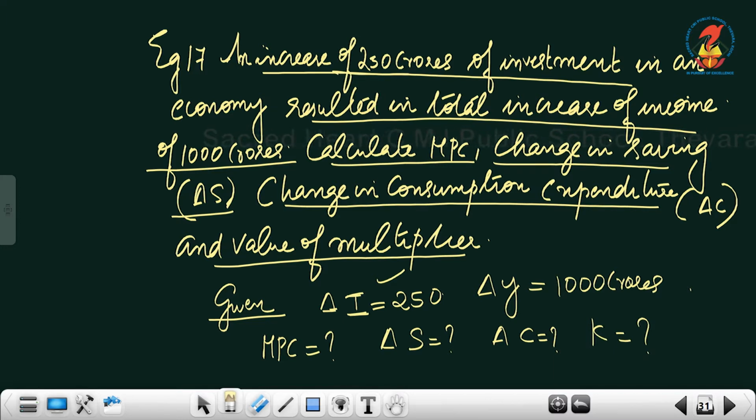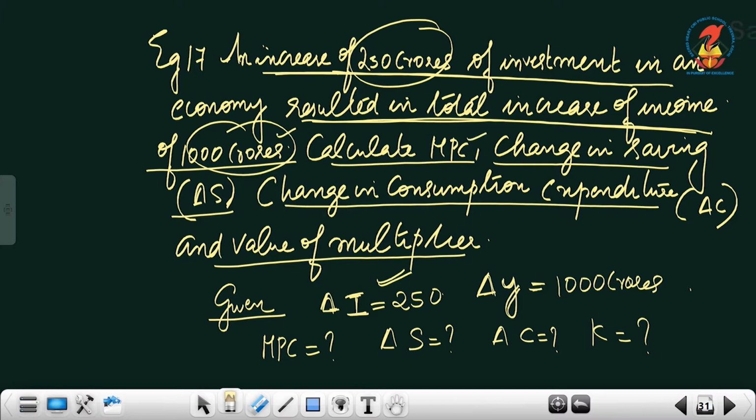Once again I will read out the question for you. An increase of 250 crores of investment, that is delta I is equal to 250, resulted in total increase of income. Total increase of income means delta Y of 1000 crores. Calculate MPC.